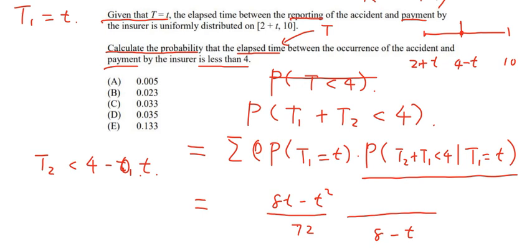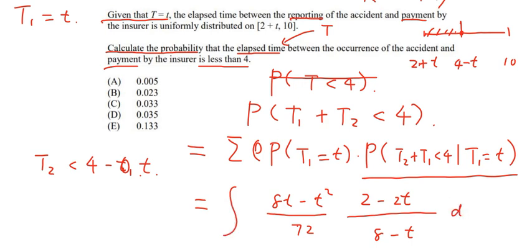And the numerator is 4 minus t minus 2 minus t, so just 2 minus 2t. Okay, so then we add them up, which becomes an integration.